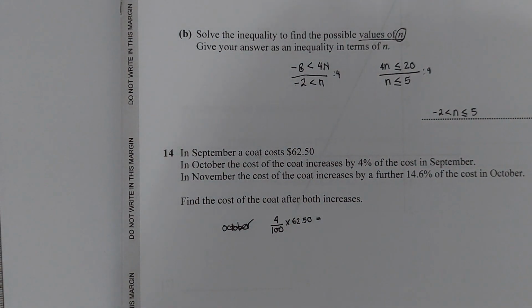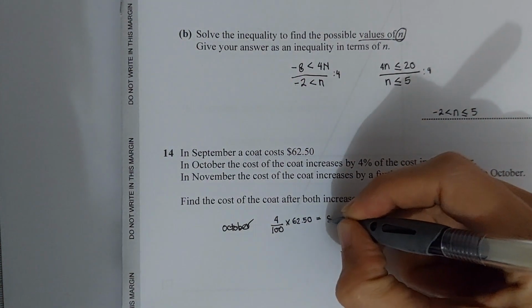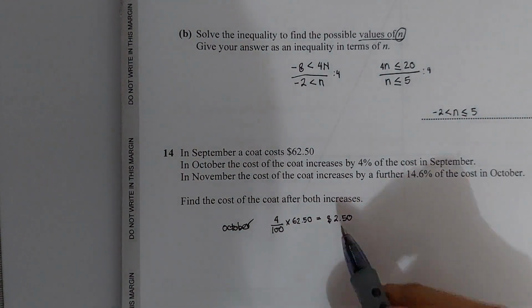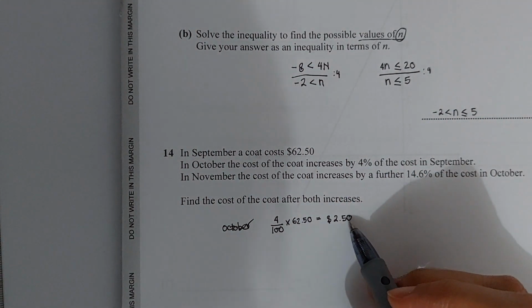So I will use the calculator, 62.50, and then you times it by 4, and then divide it by 100. That one will give you $2.50. Now, this one is the increment.